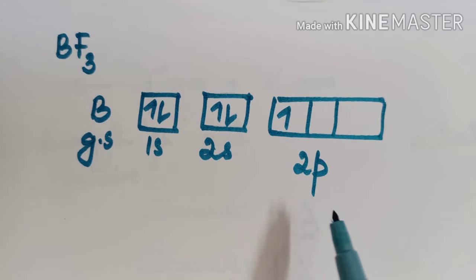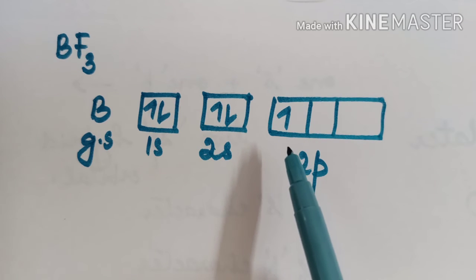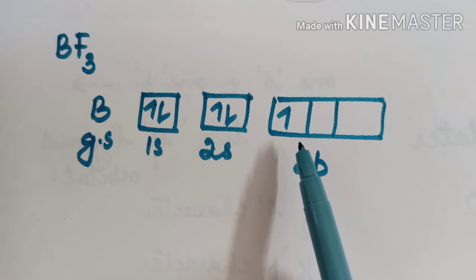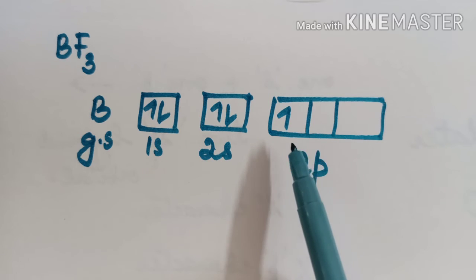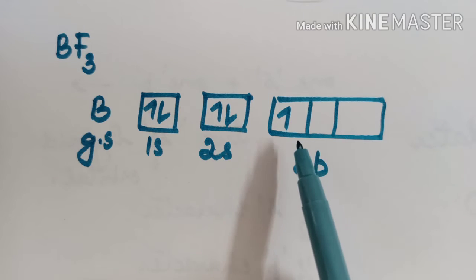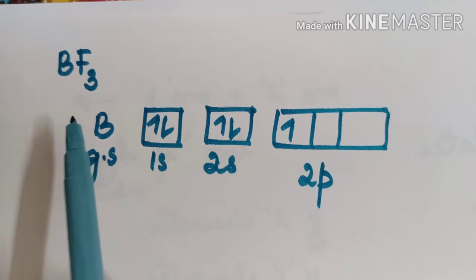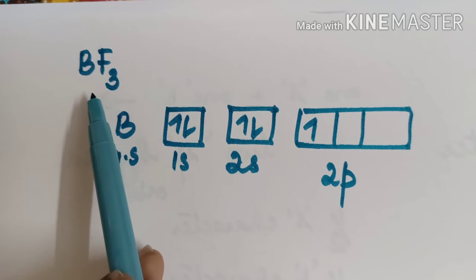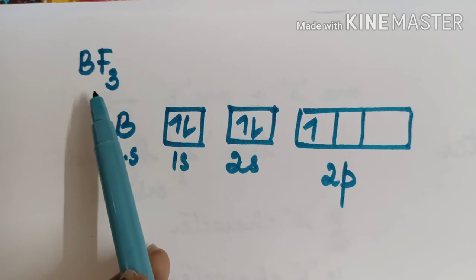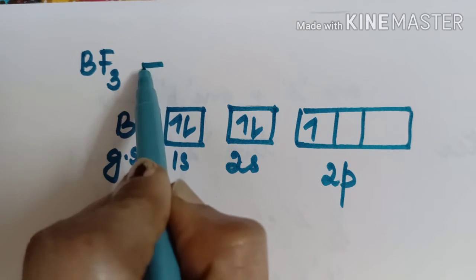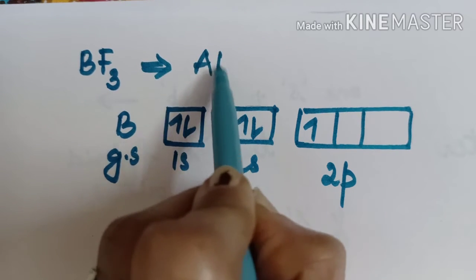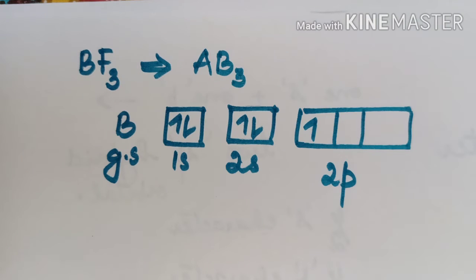On examining the configuration, we find only one unpaired electron. That means it is able to form only one covalent bond. Here, according to the formula, we should have three covalent bonds. So this is of the type AB3.